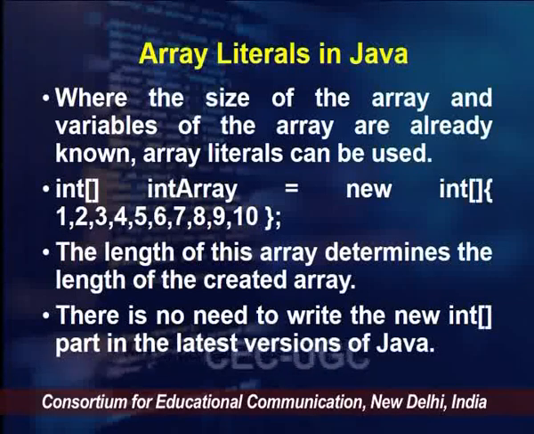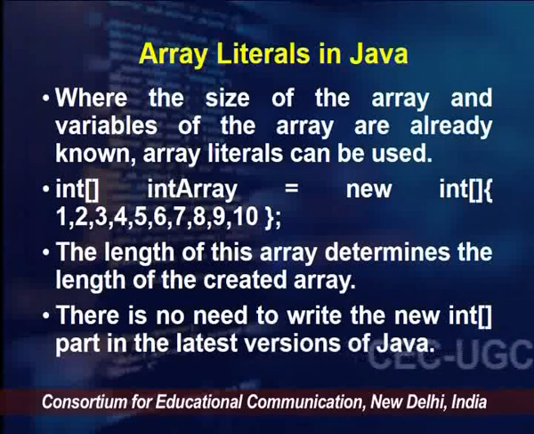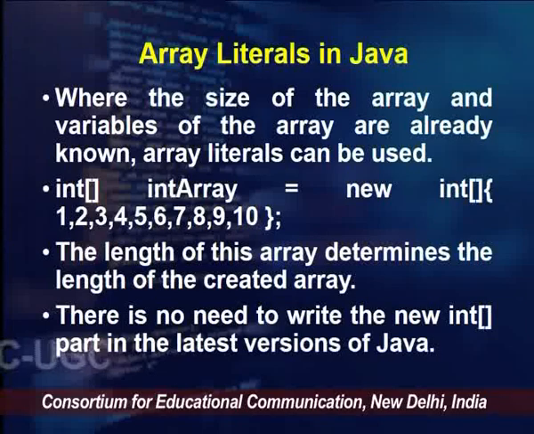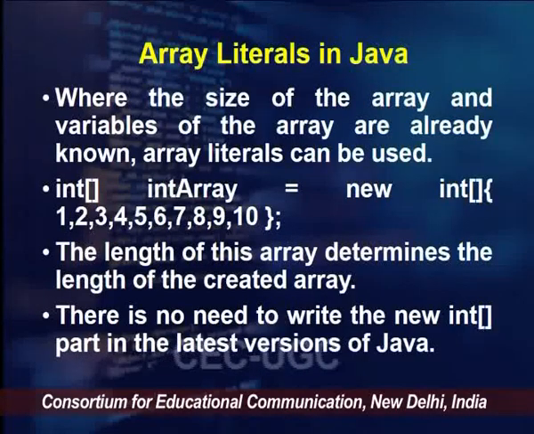The length of the contents is going to determine the length of the created array, and that's why please notice that apart from these elements 1 2 3 4, we have not specified the size of the array in the whole creation. If you can see, it is integer, then a blank square bracket, then the name of the array, that is the variable, let us say int array, equals new int, and then again a bracket.